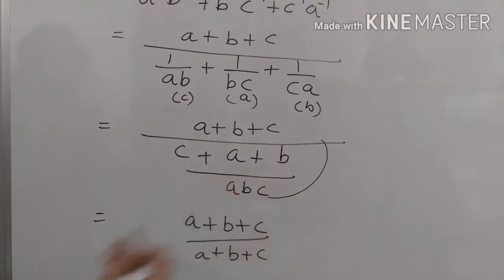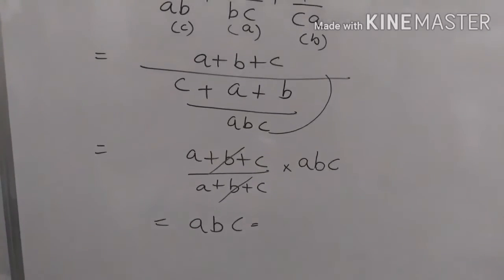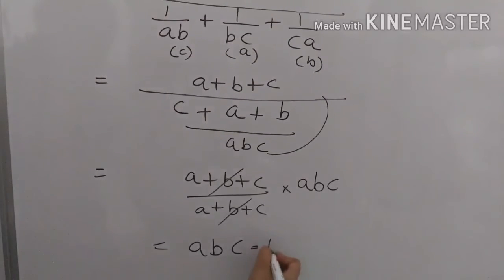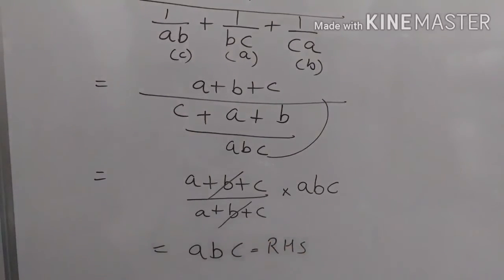It doesn't matter, in addition you can write the first term last or the last term first, and here in multiplication a, b, c. So this whole a plus b plus c gets cancelled, and we have the answer abc, which is our right hand side of this proof which we wanted to prove here.